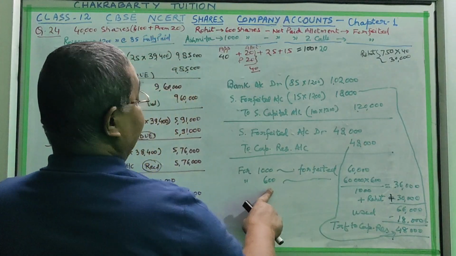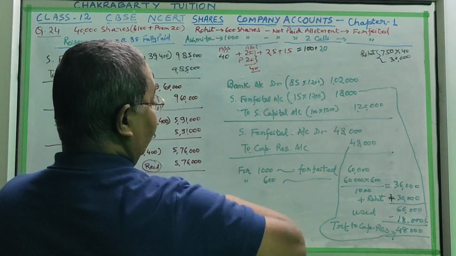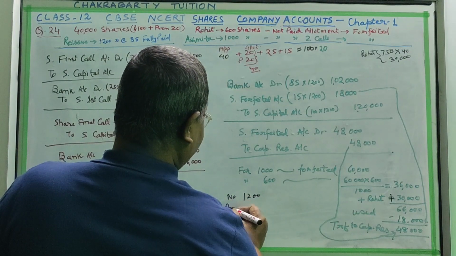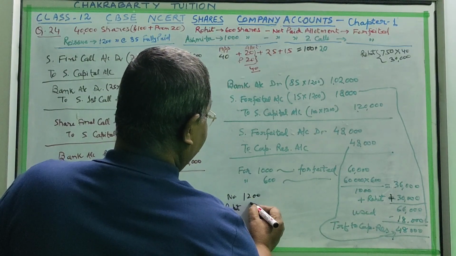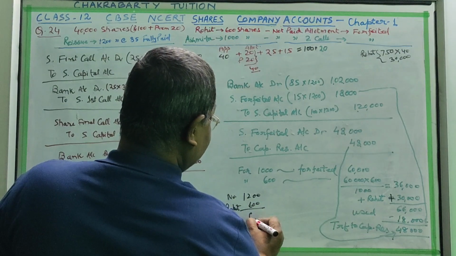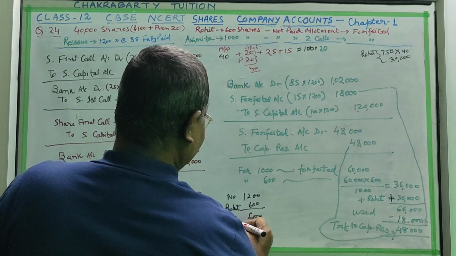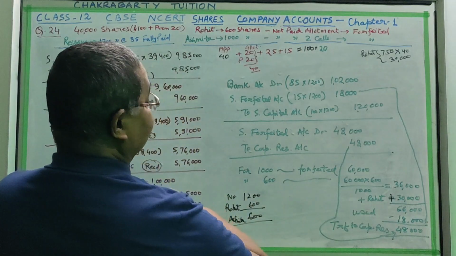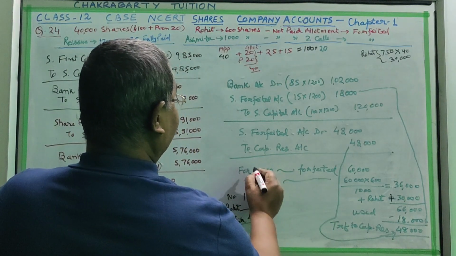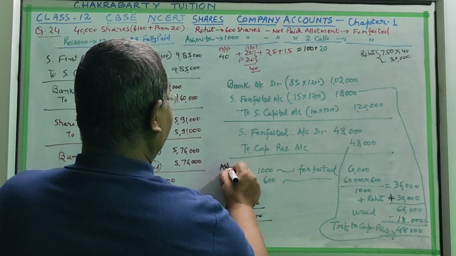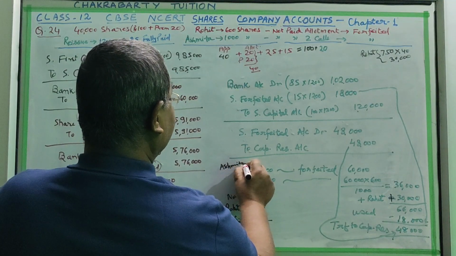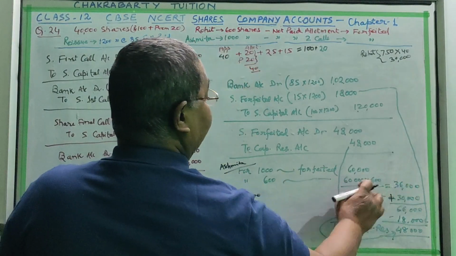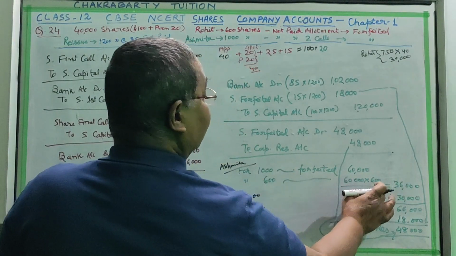Out of the 1,200 shares, they are saying Rohit's are full, which means 600 are Rohit's, so 600 are Asmita's. So we will calculate for Asmita. 600, how much amount is available? 36,000 it will come: 60,000 divided by 1,000 into 600.